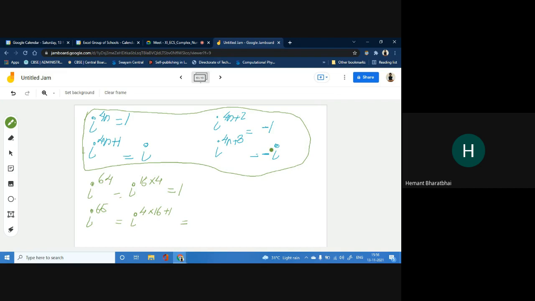So i raised to 64 is nothing but 1. Suppose I write i raised to 4 into 16, that is 64, plus 1. So i raised to 65 can be written as i raised to 4n plus 1, and i raised to 4n plus 1 is how much? i. Therefore, my i raised to 65 is nothing but i.